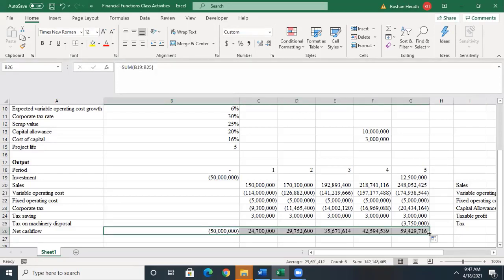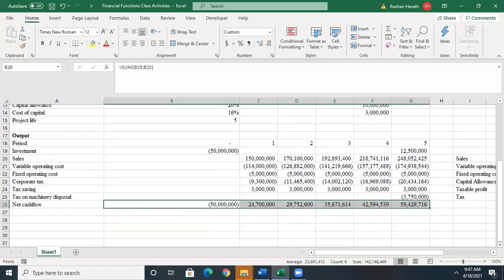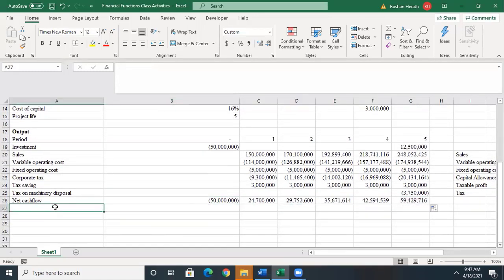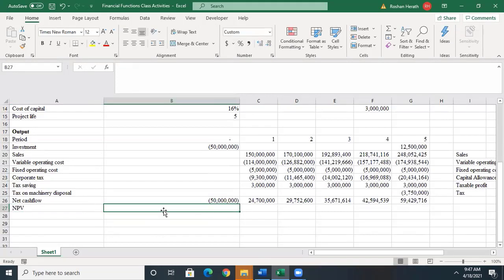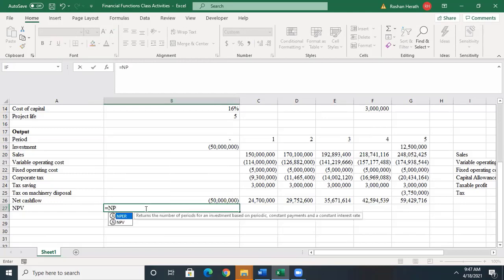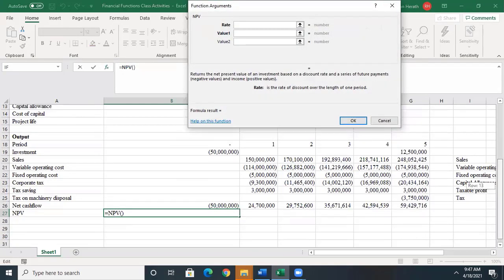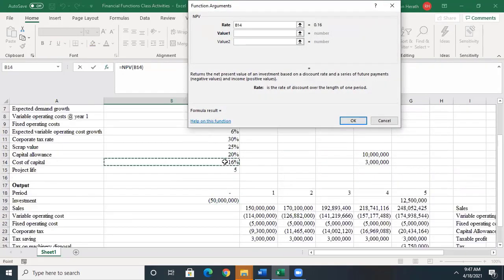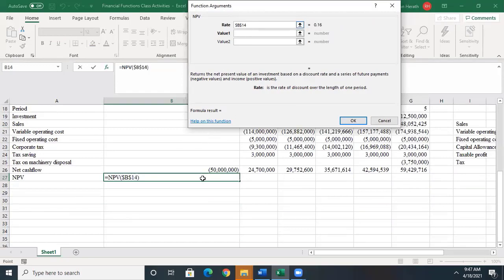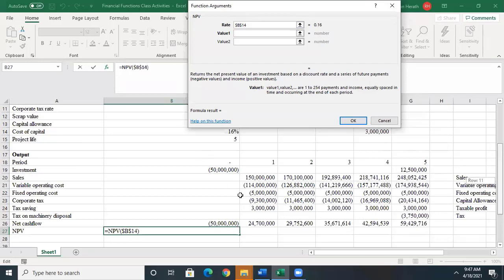And these are the cash flows. Now you can easily compute the NPV. You can take the function NPV and apply the discounting rate of 16%. And when it comes to the values, I told you that you need to ignore the year 0 cash flow, then take it from year 1 onwards.